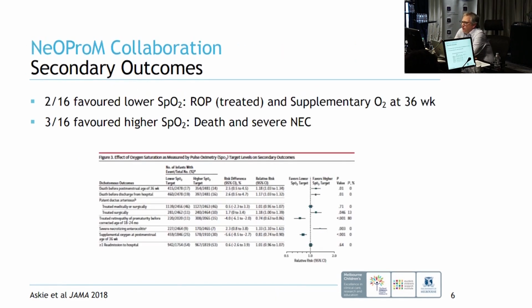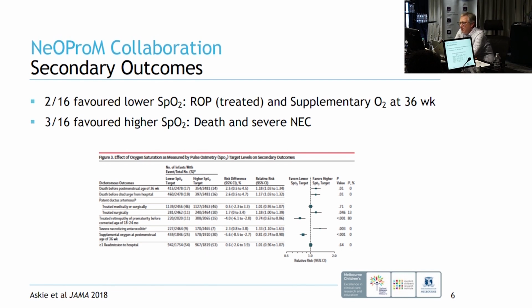When it came to secondary outcomes, some of them favoured a lower saturation range. So the need for supplementary oxygen at 36 weeks was less in the babies targeting a lower range, which makes sense because that's how we generally wean them off oxygen. But more importantly, severe ROP was less in the lower range, whilst in the higher saturation range, death and severe NEC were statistically significant.